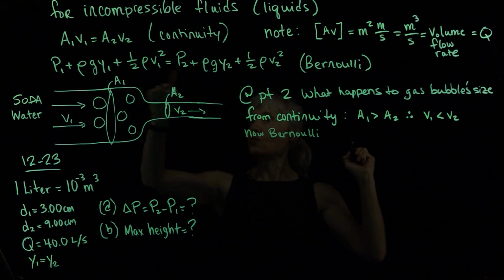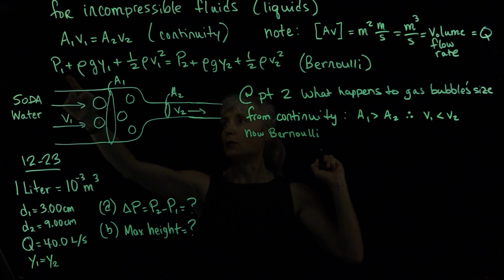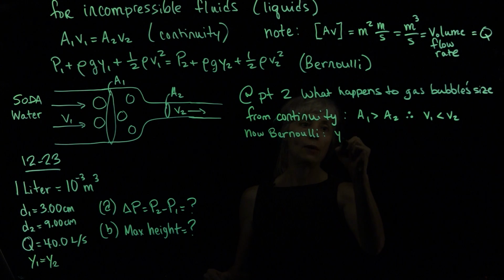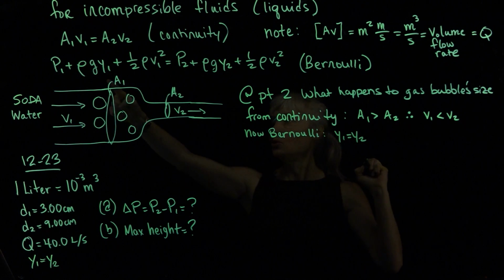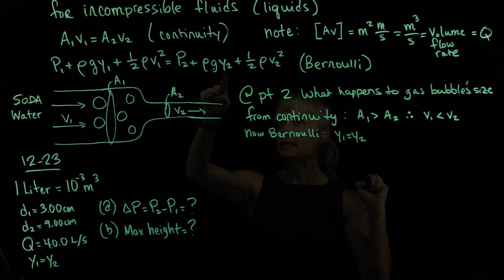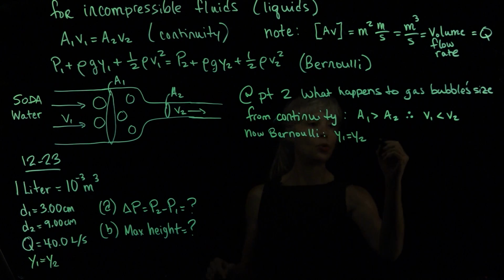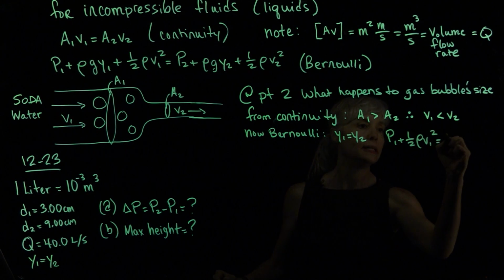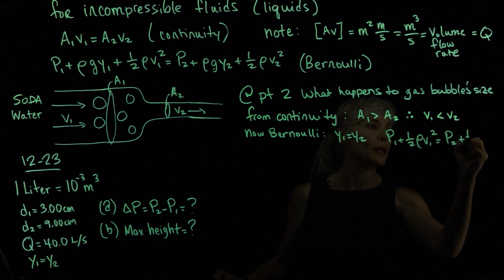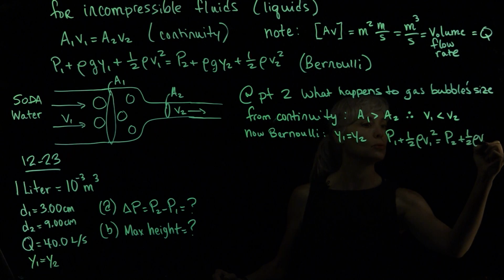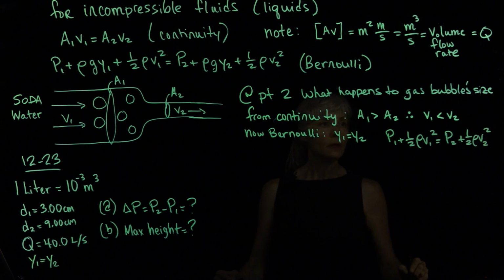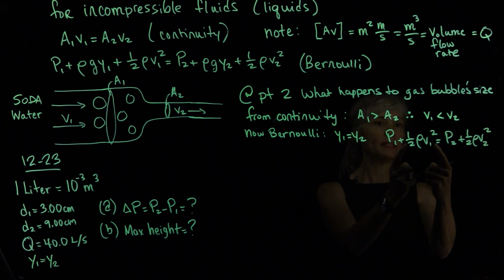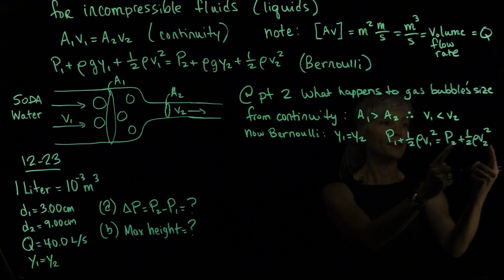So we're wanting to compare these two pressures right here. Notice that the height of the pipe does not change. So Y1 is equal to Y2. So these two terms will cancel in Bernoulli's equation, and all we'll have is P1 plus 1/2 rho V1 squared is equal to P2 plus 1/2 rho V2 squared. If V1 is smaller than V2, then that means this term is smaller than this term.